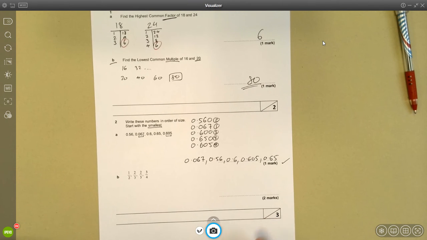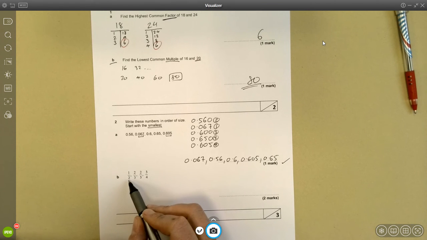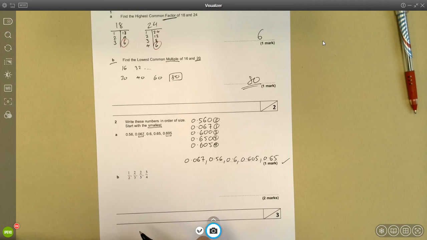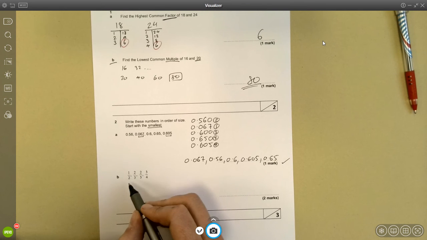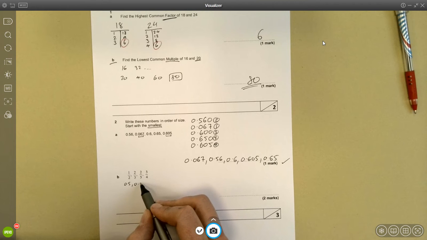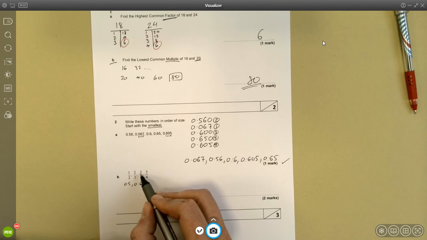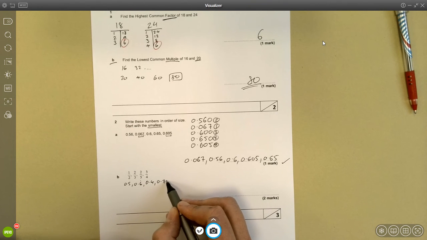All right, next up. So what we could do here is turn them all to a common denominator, or you could just know what these are as decimals. So we've got a half is 0.5, 2/3 is 0.6 recurring, 2/5 is 0.4, and then we've got 0.75.